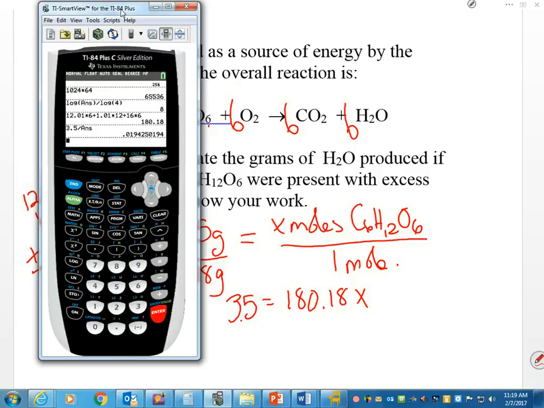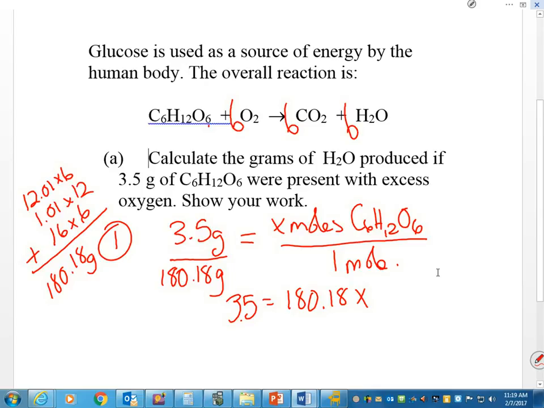So either you write them all down, or you can type them back in, or you can hit the second answer button, right? So x is equal to 0.019 and so on moles of C6H12O6. Okay? That's the first step.